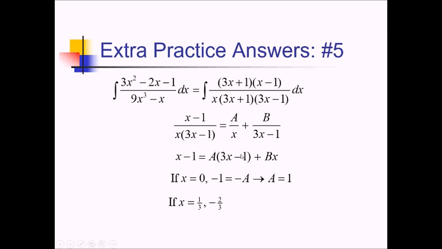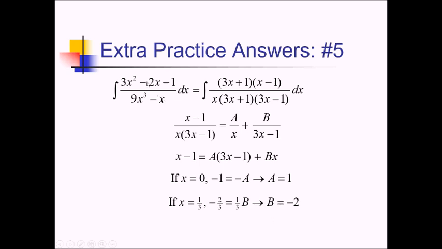A gets zeroed out by this. And then we have B times 1/3, so 1/3 B. All right, well, I have to solve for B here. So if I divide negative 2/3 by 1/3, that's going to just give me negative 2. You could also think of just multiplying both sides by 3. B is going to be negative 2.